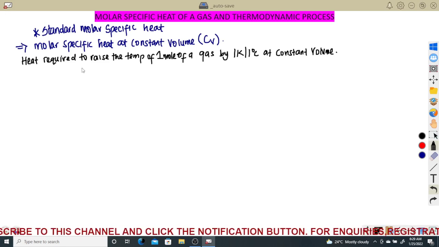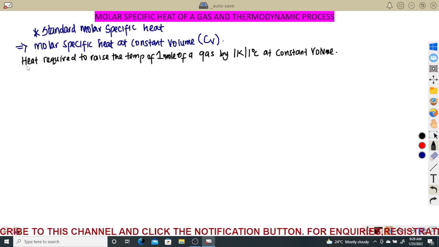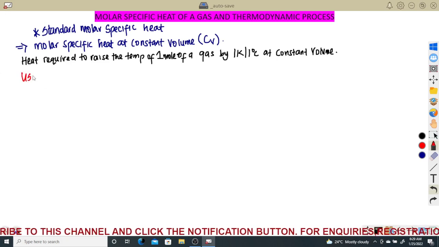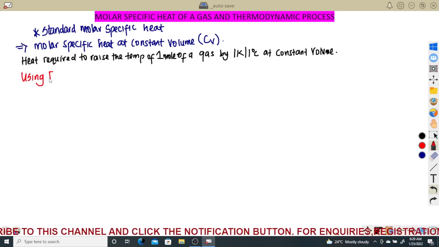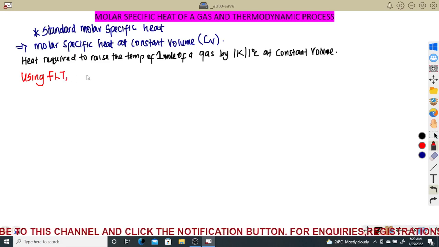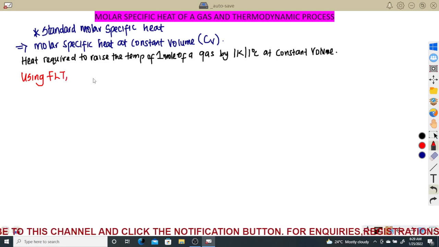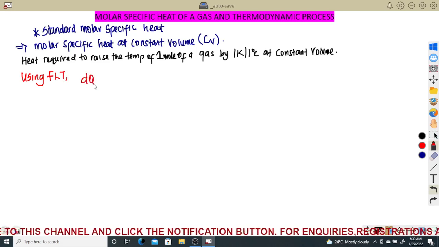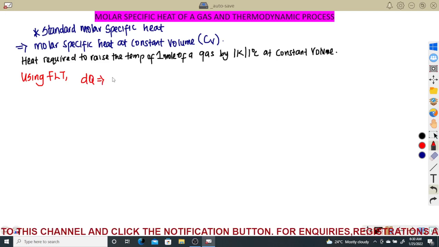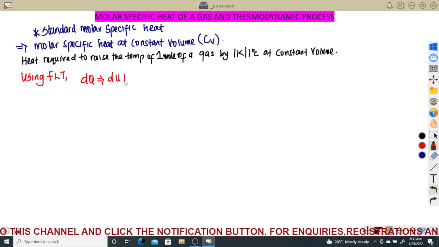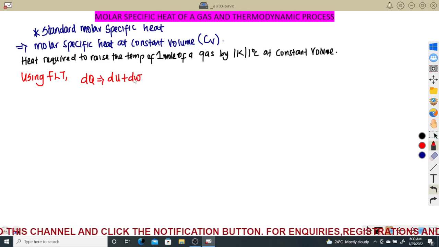Let's use the first law of thermodynamics, which I've given to you, for the derivations. I said I'm not going to use the differential form anyhow. The amount of heat supplied to the body brings about a change in internal energy, and also the work done by the body.